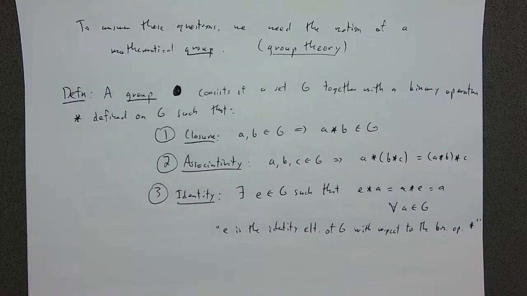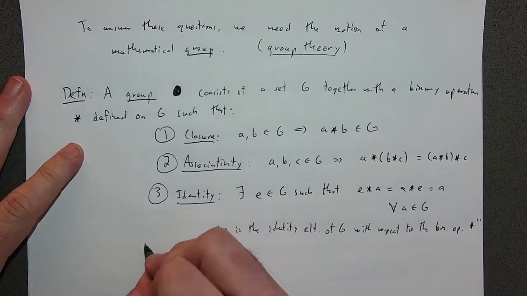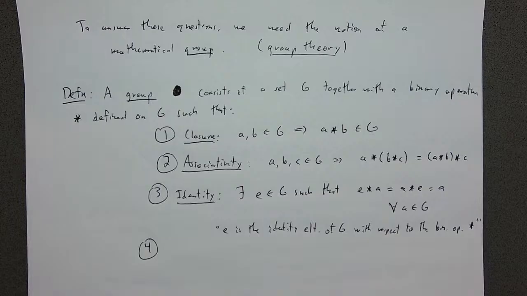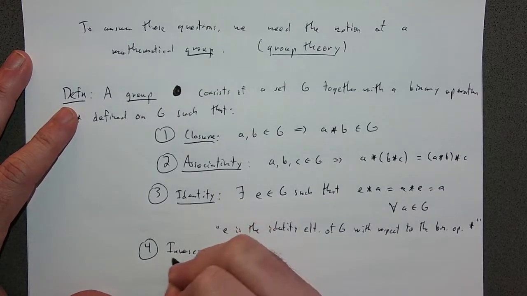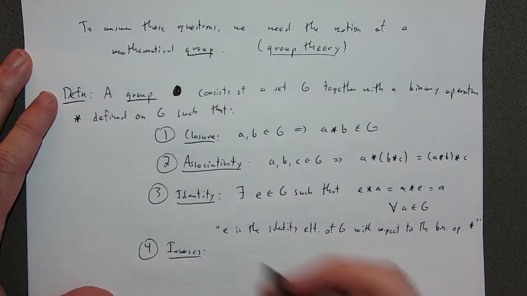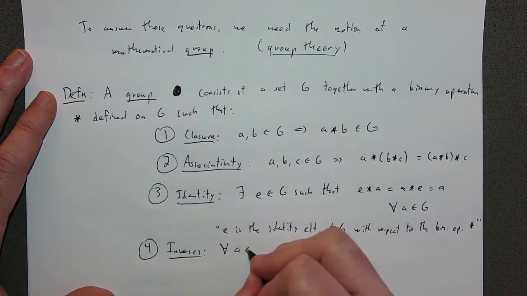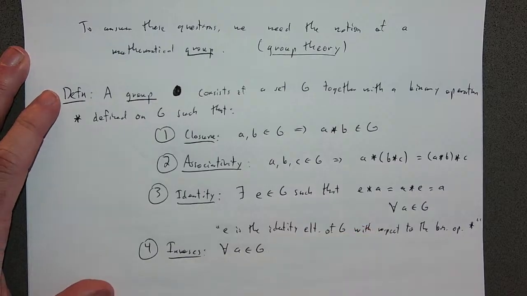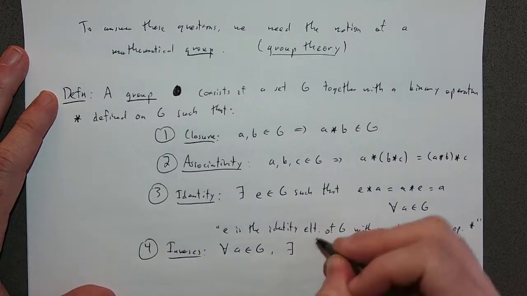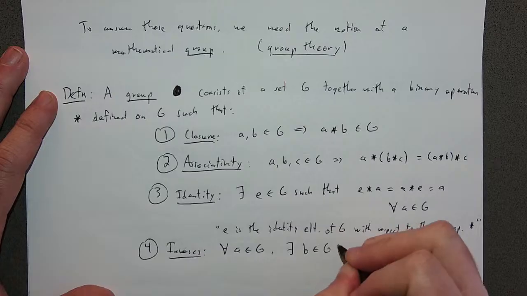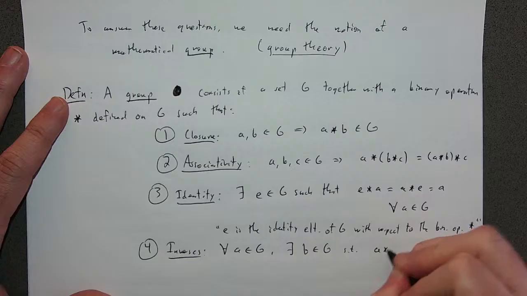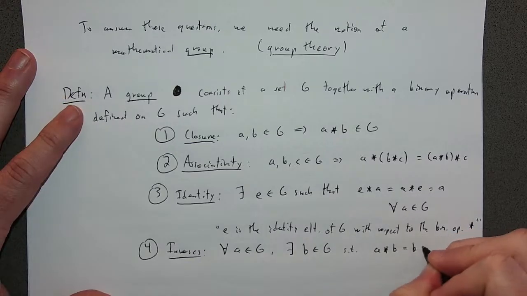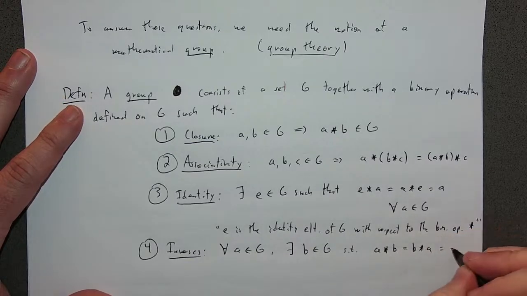We're going to do a more drawn out example of these things. And lastly, inverses. For every element A of G, there exists an element B in G such that A star B is equal to B star A, which is equal to the identity.